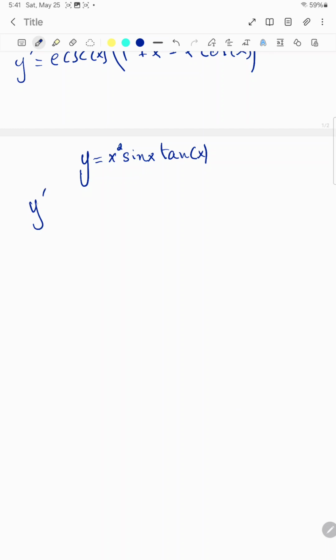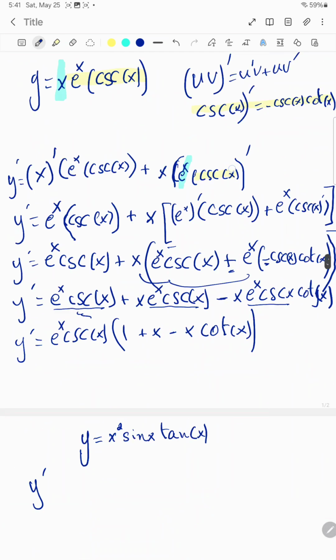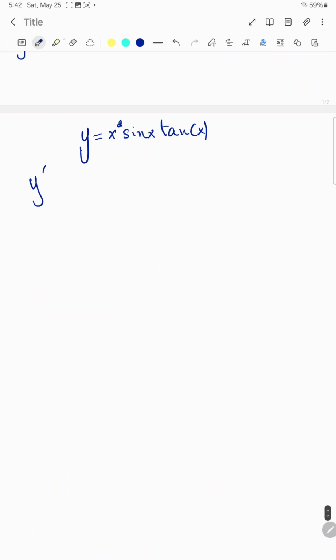So I want to get y prime, and here again, what did I take as u? The blue. So I will take the blue and I say this is my u, and I'll take the yellow and I say this is my v.